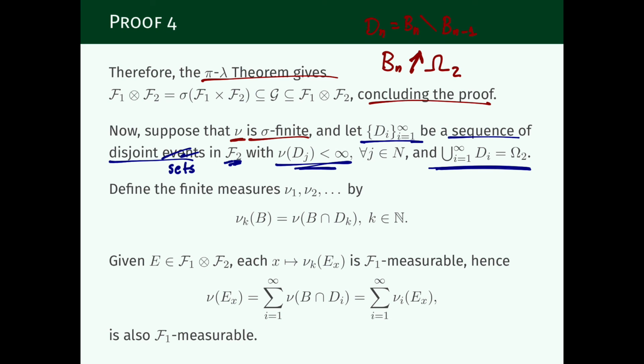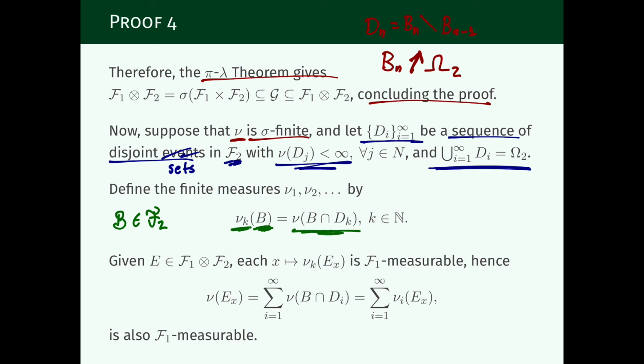Then we get this family. And for this family, we can define a measure nu_k, indexed by k, that assigns to each subset B in the sigma algebra of the second sample space the measure of the intersection of B with the set Dk.